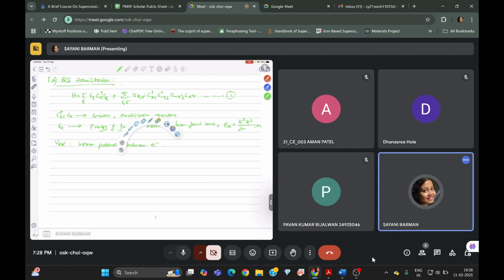So this is basically the terms where two electrons with opposite momenta and spin, up spin and down spin, interact with each other and make a Cooper pair.